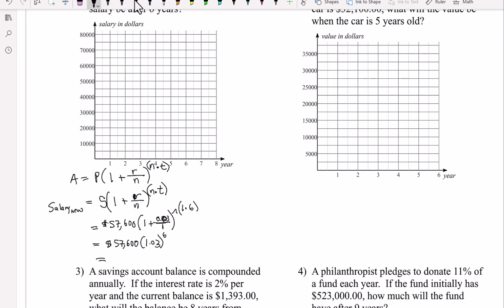But 57,600, parentheses, 1.03, parentheses, the caret button, and then the 6, well, in this case, I guess it's just to the 6th power. And what you're going to have left, that new salary, will be $68,777.41 yearly. Okay, so that's that process.